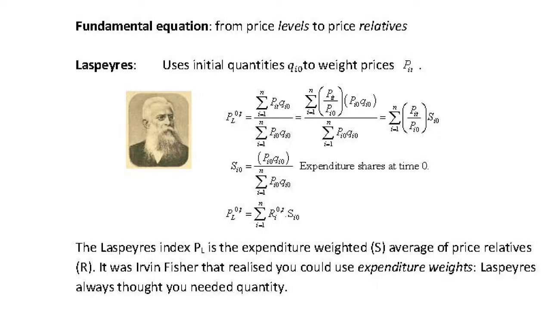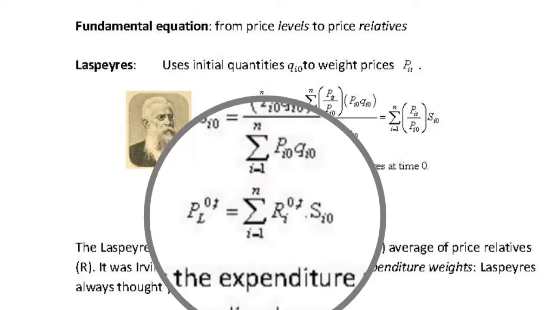So we can write it more succinctly still by saying the Laspeyres index is simply equal to the average of the price relatives, RI, where it's a weighted average and each price relative is weighted by the SI0 expenditure shares at time 0.